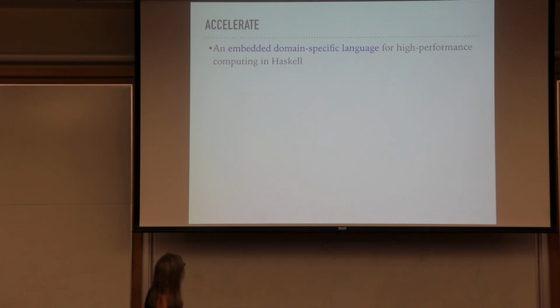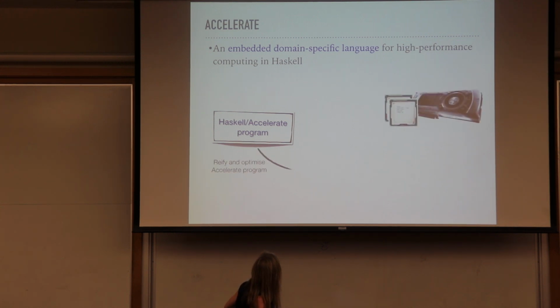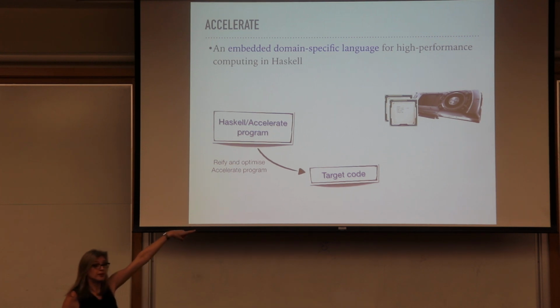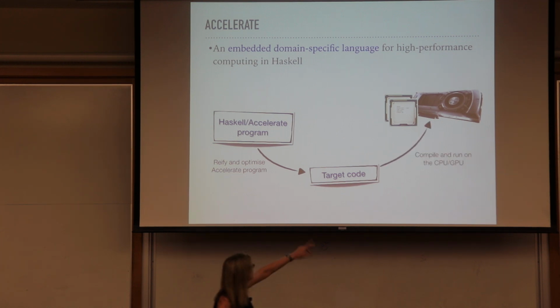So Accelerate is an embedded domain-specific language for high-performance computing in Haskell. And the way it works is you write your Accelerate program in Haskell, you compile and run the Haskell program, and then at runtime, the Haskell program reifies, generates the target code and runs it, and that depends, we have multi-core CPU backends and GPU backends.